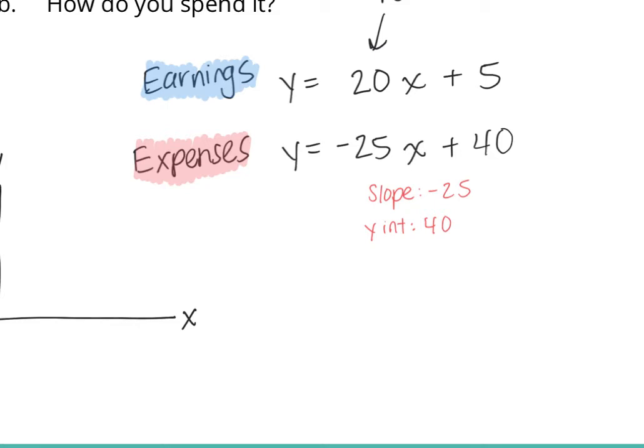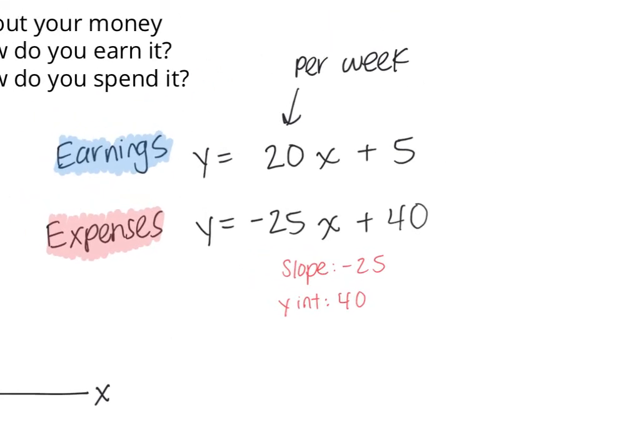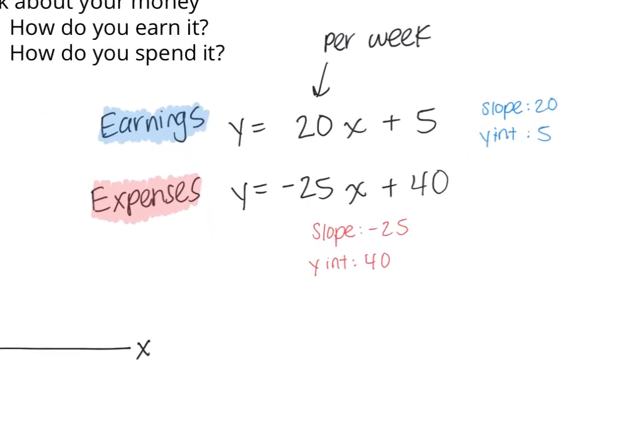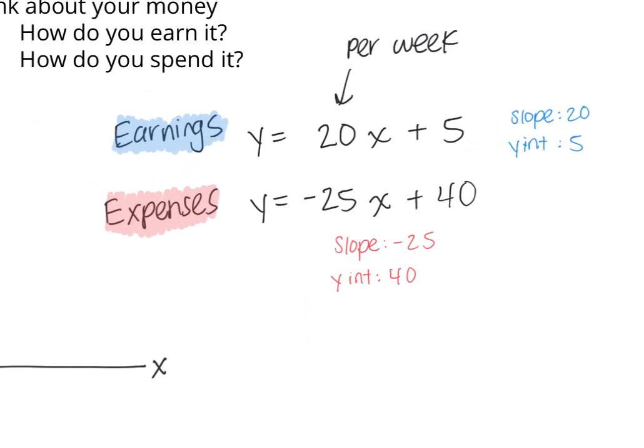What do we know about the blue graph, our earnings? Tessa? Your slope is 20. Mm-hmm. And your y-intercept is 5. Okay, let's graph the red graph first.